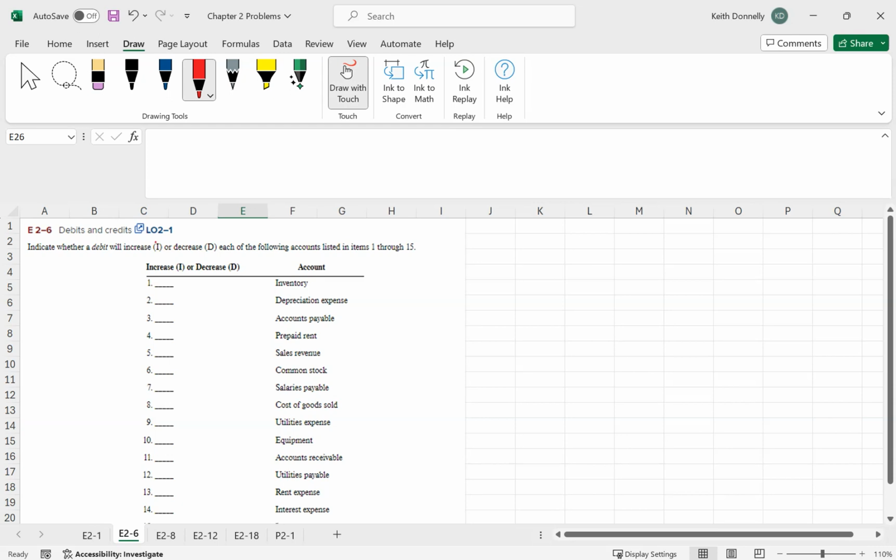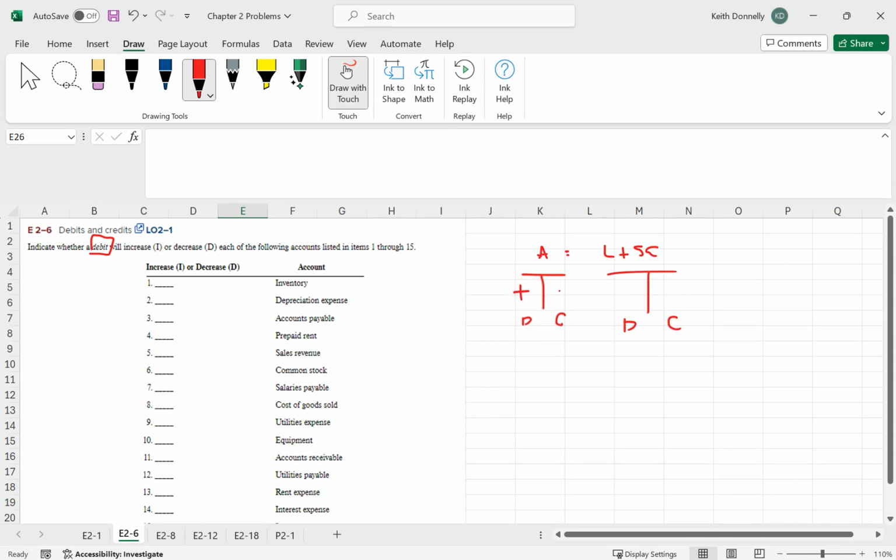They're telling us to indicate whether a debit, which is on the left, as opposed to credit on the right, will increase or decrease each of the following accounts, 1 through 15. Remember, assets equal liabilities plus stockholders' equity. You have your T account, debit on the left, credit on the right.